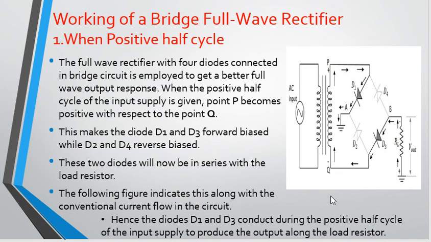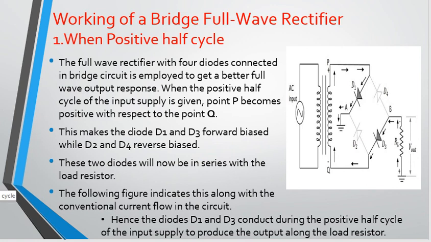From D1 and D3 current will flow and we will get output across the load resistor. So for the positive half cycle we get the positive half cycle at the output of the bridge circuit.